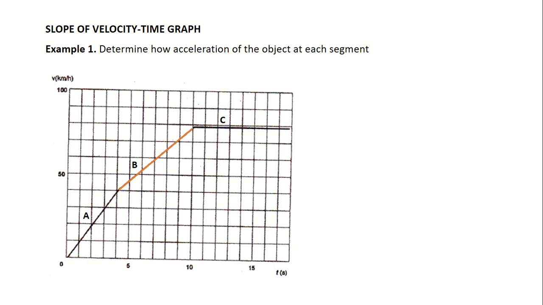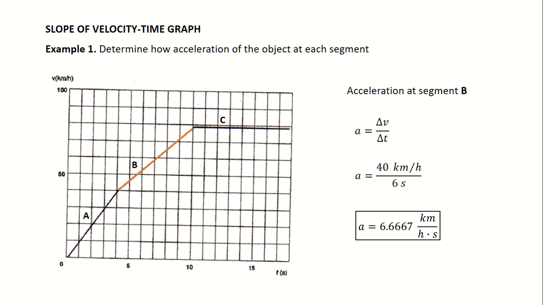The next is segment B. I also compute for the acceleration. I already show it, but that's 80, and then this is 40. So that's a difference of 40. And then that happened in a duration of 6 seconds from 4 to 10.